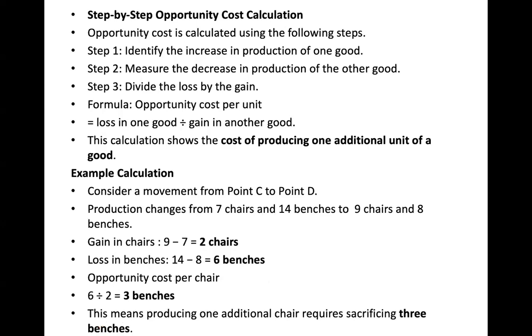So when you want to calculate opportunity cost on the table or on the graph, first of all, you need to identify the increase in the production of one good.